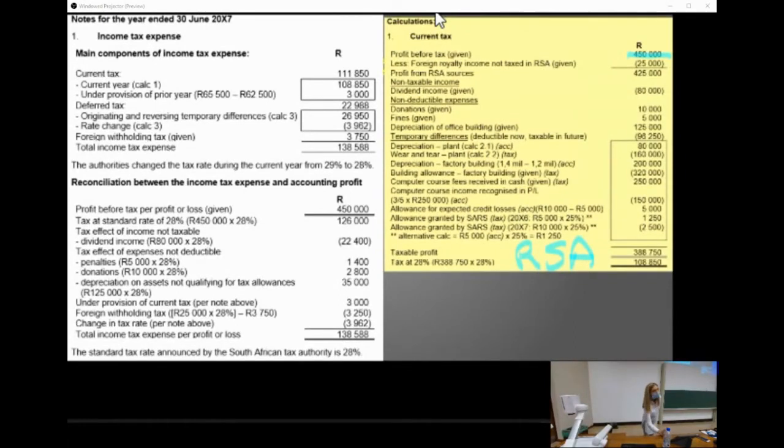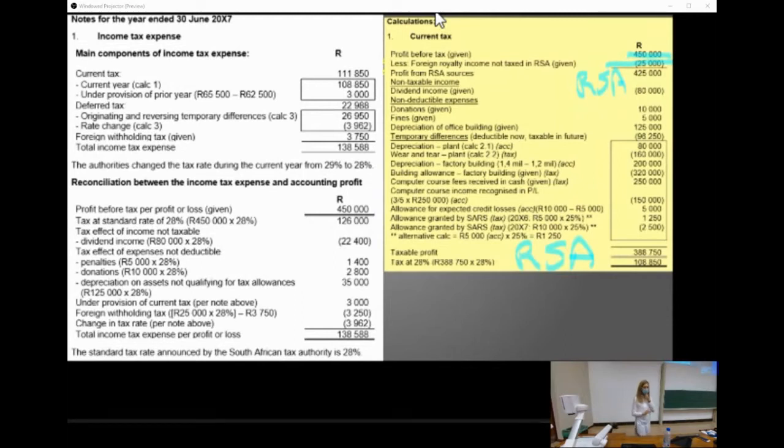That is the reason why in our South African current tax calculation, we had to deduct the foreign income, so that we can start with our accounting profit that only relates to our South African income, which we will adjust to get to our South African taxable income. Does that make sense? Okay, cool.